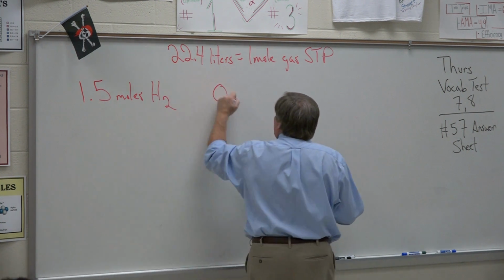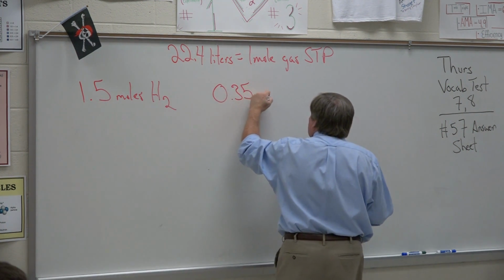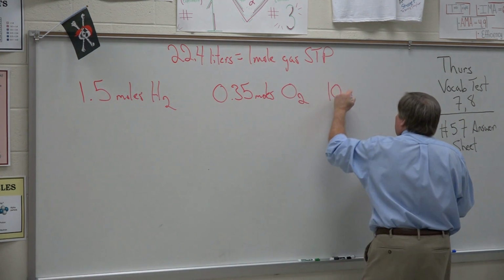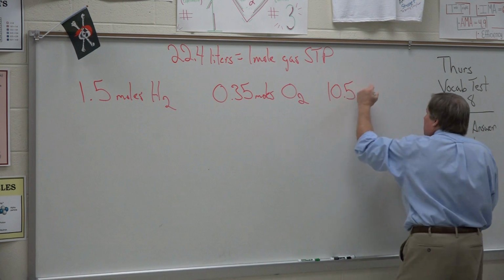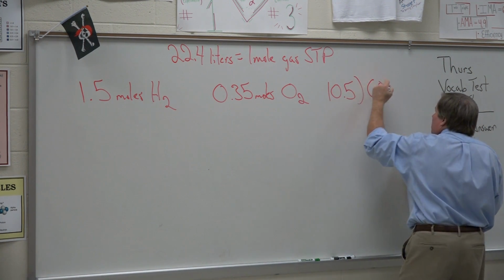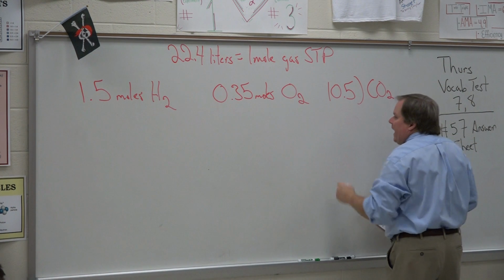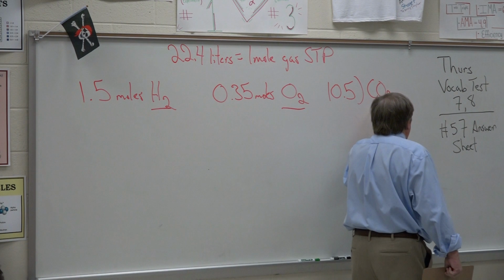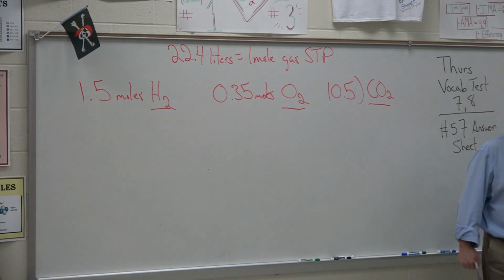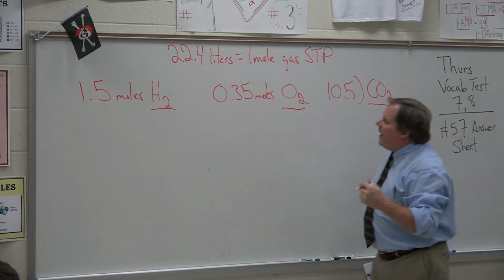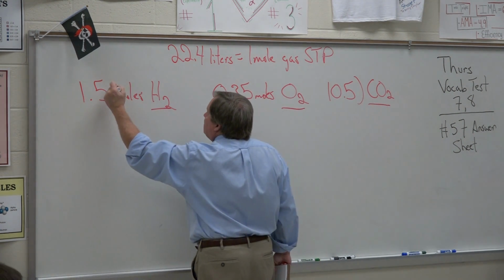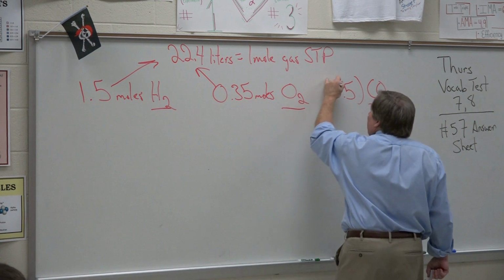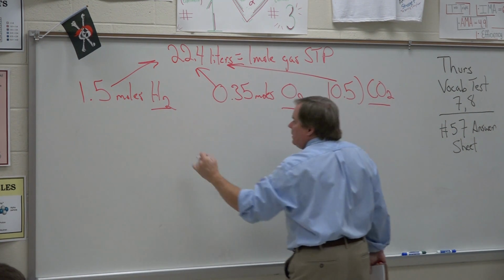Second one, 0.35 moles O2. 10.5 moles of CO2. Now, do I care what the molar masses of those gases are? Negative. So now it's simply a multiplication problem with these coefficients and our constant.